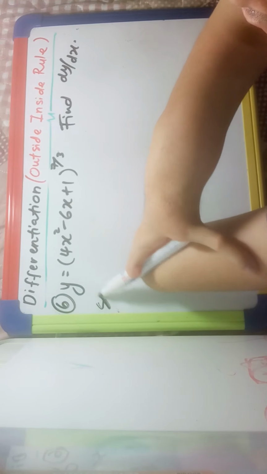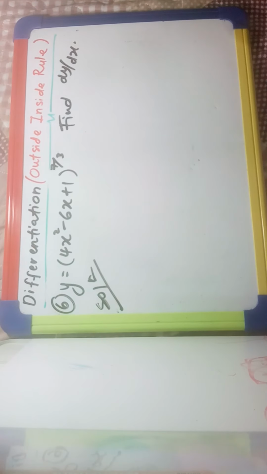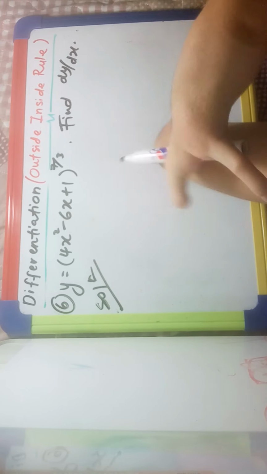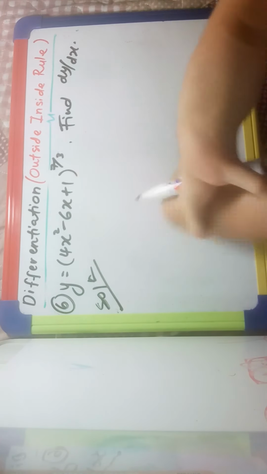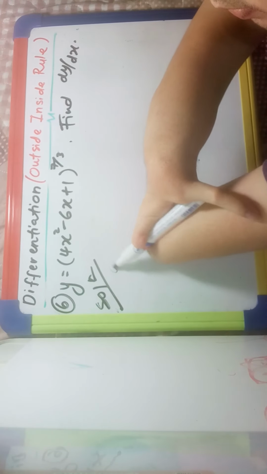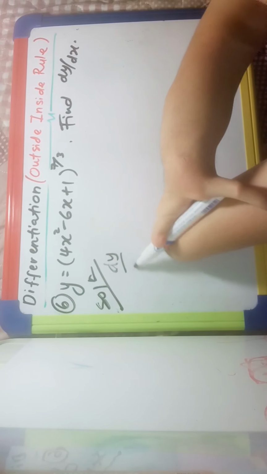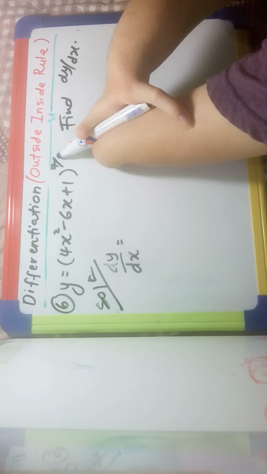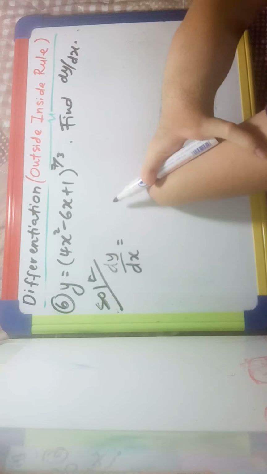I want to find dy over dx. Remember, in order to use outside and inside, start with the outside first. So I will go straight away. Dy over dx is equal to, outside, what is the power? 7 over 3. Power go down, power minus 1.